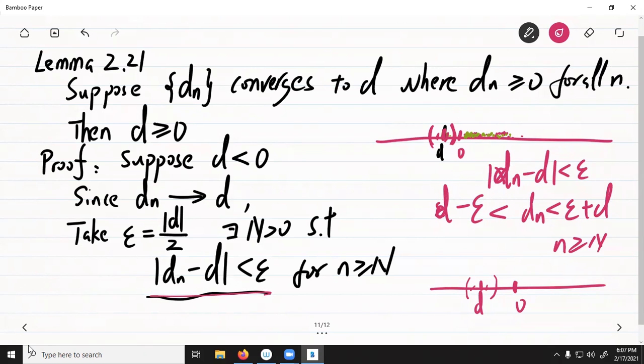You cannot make the radius of this interval too large. You should make it small enough. How small? We just take 1/2 of the absolute value of d. If you draw the graph, you can say it must be on the left side, the whole interval. That means all the members in this interval are negative numbers, right?